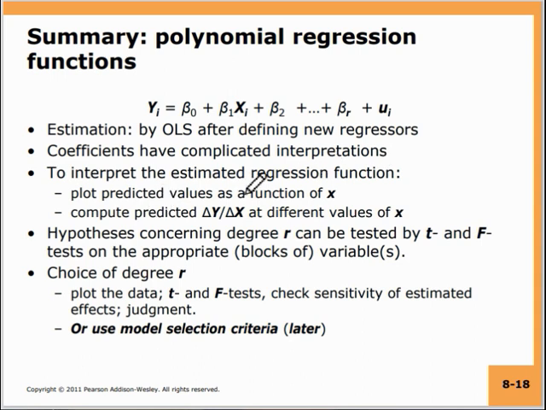To interpret the estimated regression function, you plot predicted values as a function of x, and compute predicted del y by del x at different values of x. Hypotheses concerning degree r, that is, polynomial to what degree, can be tested by T and F tests on the appropriate blocks of variables. So should you choose only a quadratic term, or should you choose a cubic term? This you can conduct F tests for, or you can do T tests for those particular terms, and you can act accordingly.